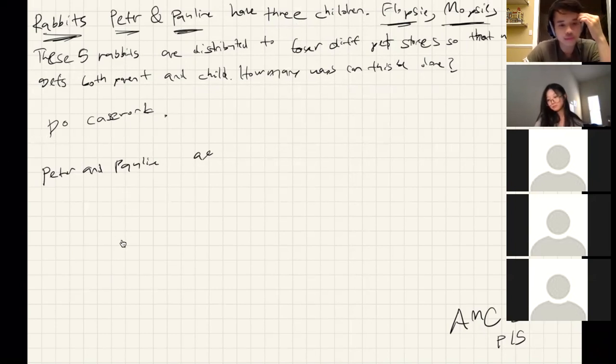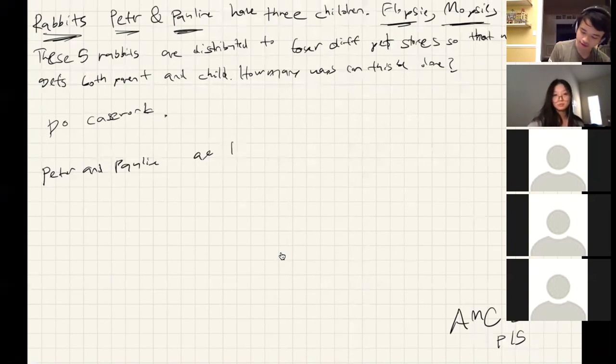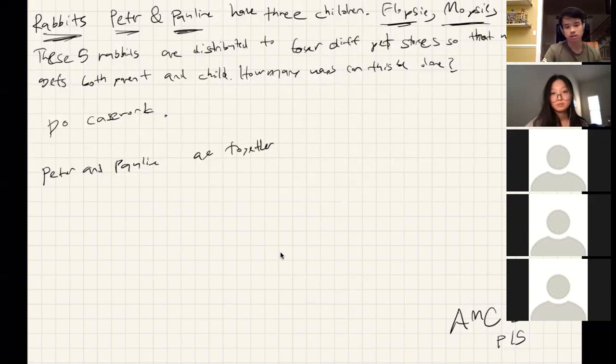So the first case is that Peter and Pauline are together, right? They're together in the same store. That's that. So the first case is Peter and Pauline are in the same store, and the second case is Peter and Pauline are not in the same store.